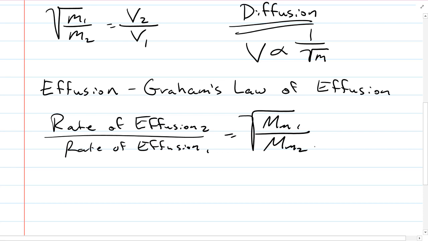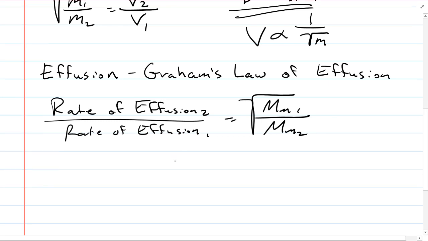We can make the same type of statement that we did for diffusion, and that is the rate of effusion is inversely proportional to the square root of the molar mass.